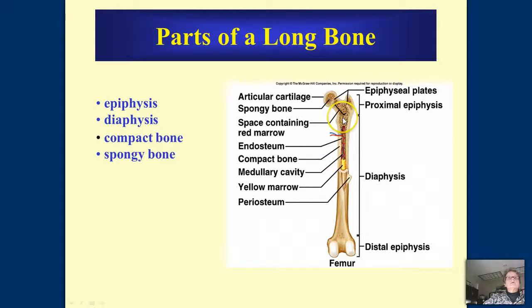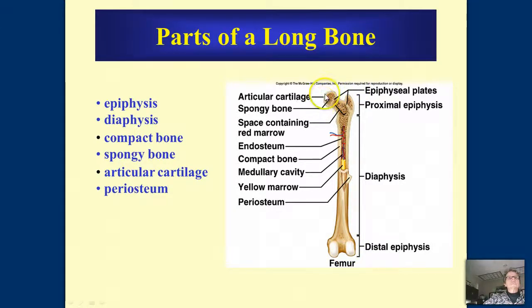And then there's spongy bone and the medullary cavity. The cavity has just a little bit of spongy bone, but in the medullary cavity in an adult you will have yellow marrow. We'll talk about that again in just a minute. On the proximal and distal epiphysis, we have articular cartilage where that bone articulates, or forms a joint, with another bone.